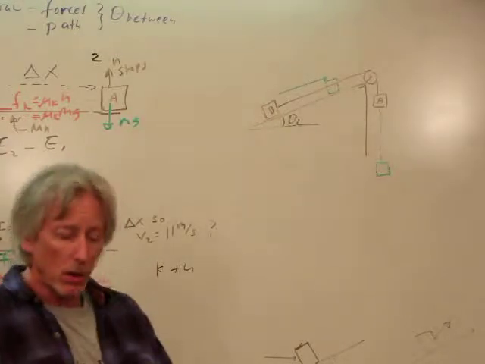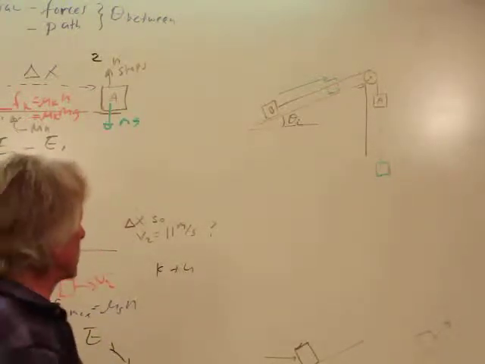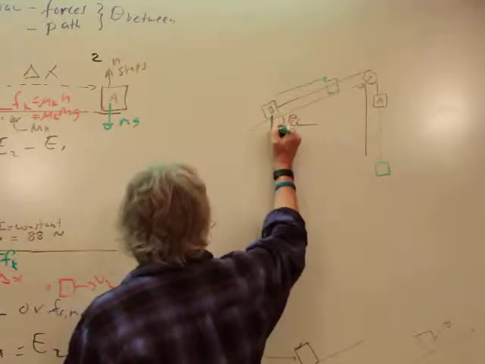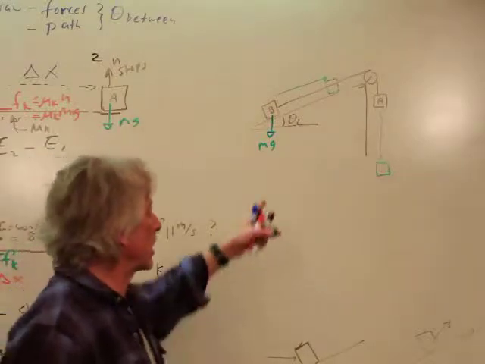I'm not going to do this all, but I'm going to show you that for B, if I just looked at B, what are the forces on B? Of course, there's mg, but I'm not going to use the work definition.